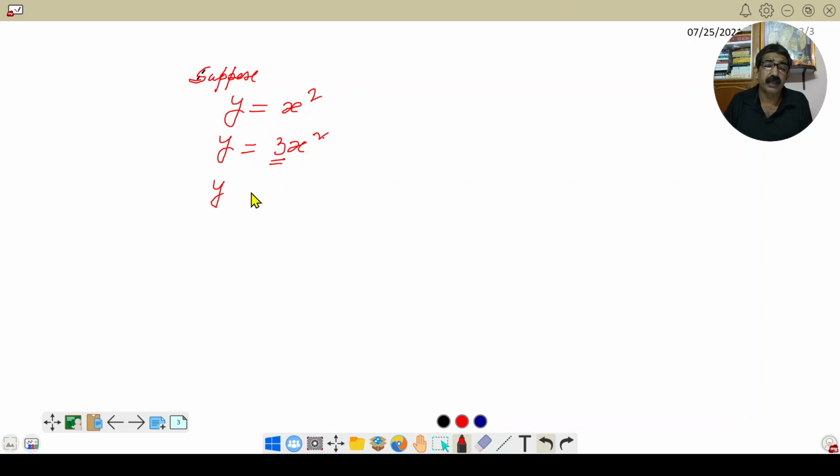Or y is equal to 5x to the power 9 plus 3x to the power 5 plus 3. 3 means 3 into x to the power 0.